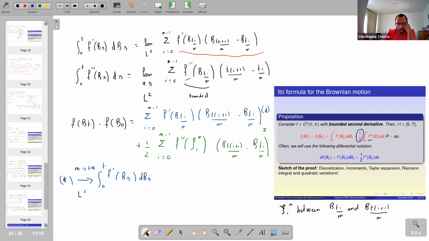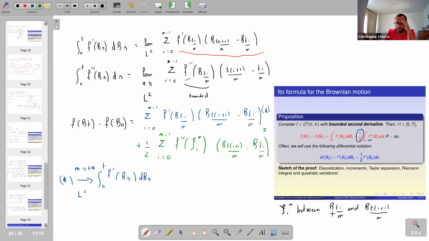The first thing we are going to say is the following. Here, I have a point between bti over n and bti plus 1 over n. So the C i n is a point between them. I don't write the interval here because I don't know which one is the greatest.